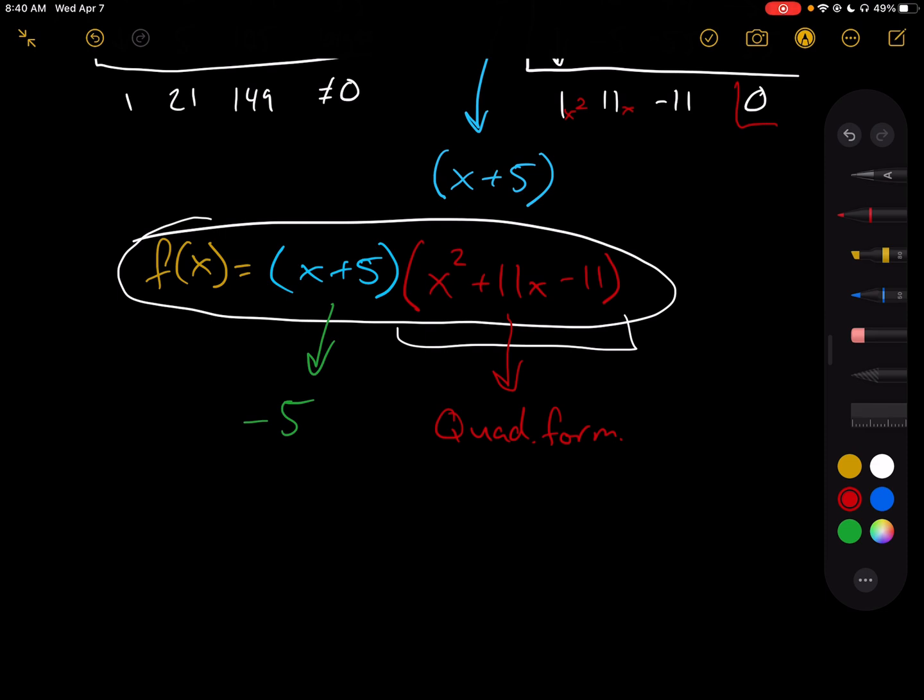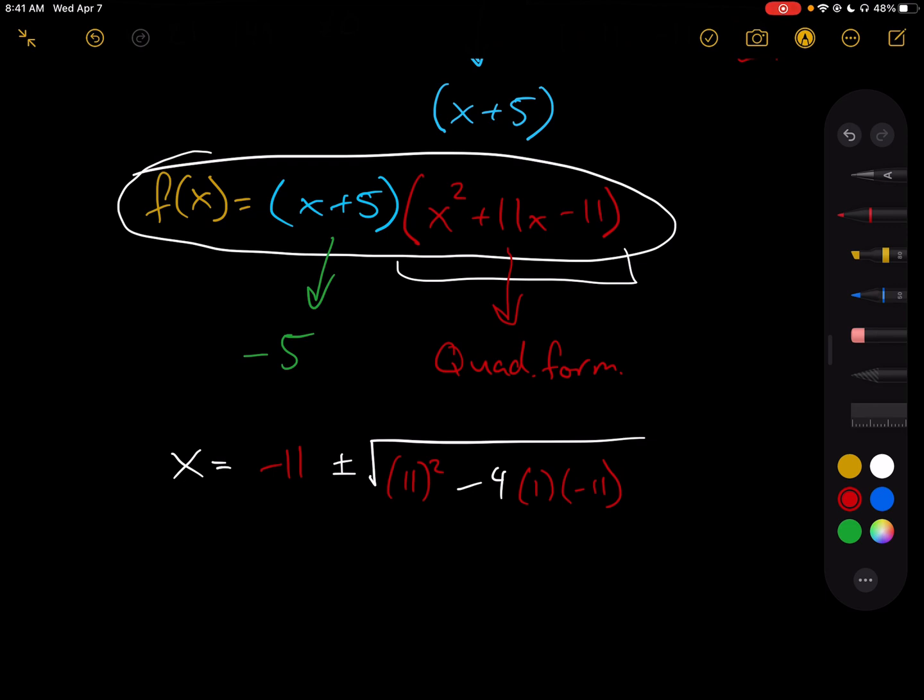So then we could use the quadratic formula and say, x equals -b plus or minus the square root of b squared minus 4ac over 2a, right?